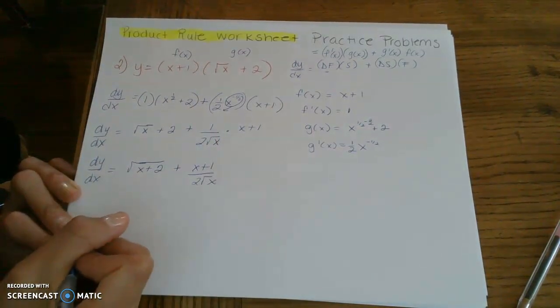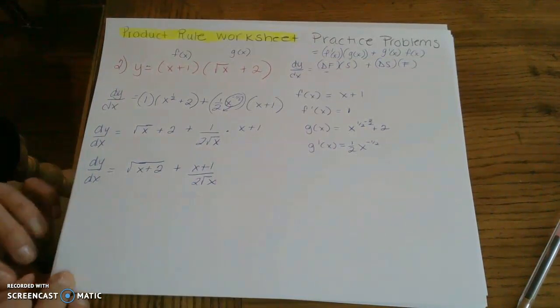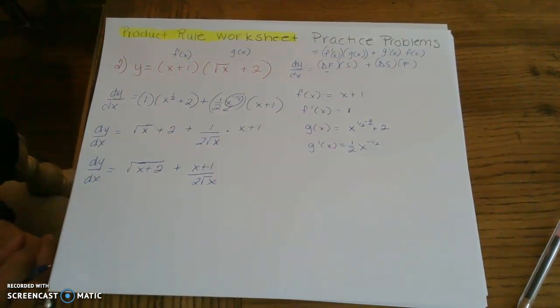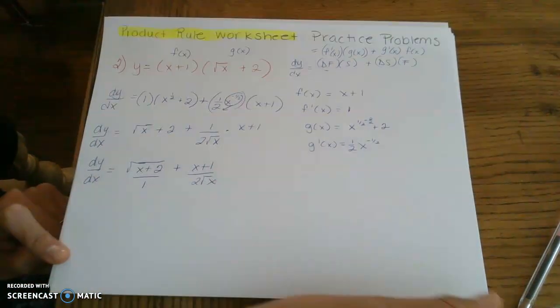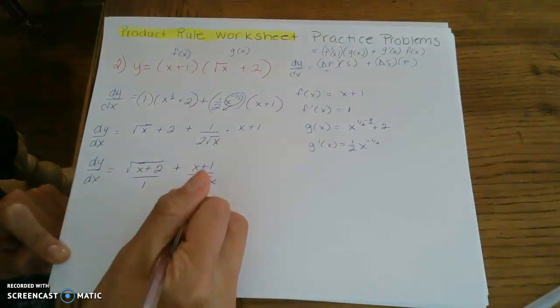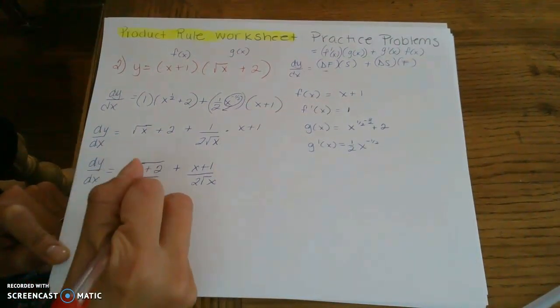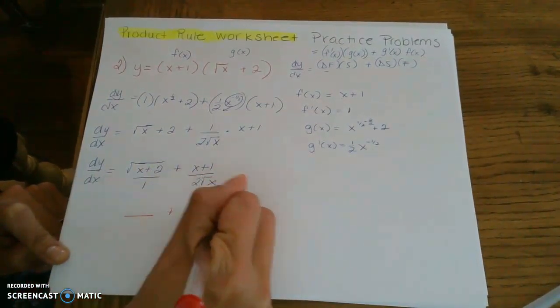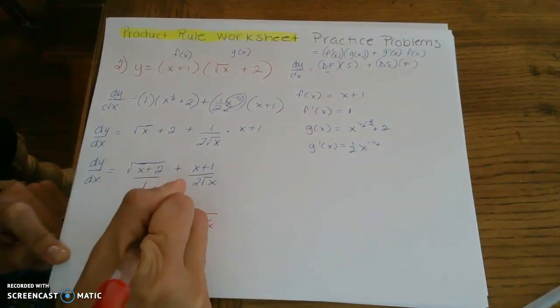So this is one way to submit your answer. However, you'll see eventually, especially in AP Calc, a lot of times you come up with your answer and it's not there. You have to know its equivalent. So adding fractions, we know we need a common denominator. In this case, my common denominator would be the 2 rad x. This has a 2 rad x, but this was missing that. So what you want to do, to simplify it, is to get a common denominator.